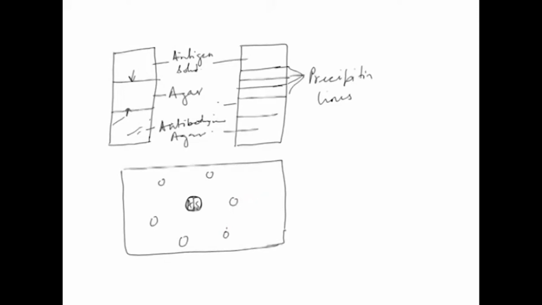Depending on the concentration, the more the concentration of antigen, the farther will be the precipitin lines. Accordingly, you will get a pattern where precipitin lines will be seen as per the concentration, and this is double immunodiffusion. Here the antigen is moving in all directions, likewise the antibody is also moving in all directions, and at a certain point they will be in equivalence and will form a visible precipitin line. So, that is double immunodiffusion.